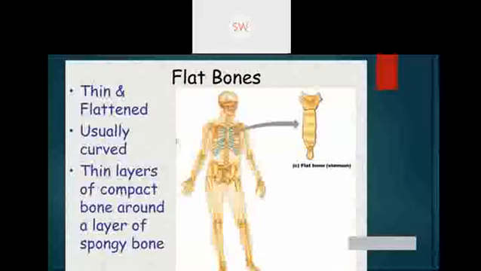Okay, flat bones. Flat bones, where will you get them mostly? I have already said that you will get them in your frontal part, the forehead. Here the name is not given, but I'm just revising again. You will get them here in your front part as well as in this part, which is also known as the sternum.